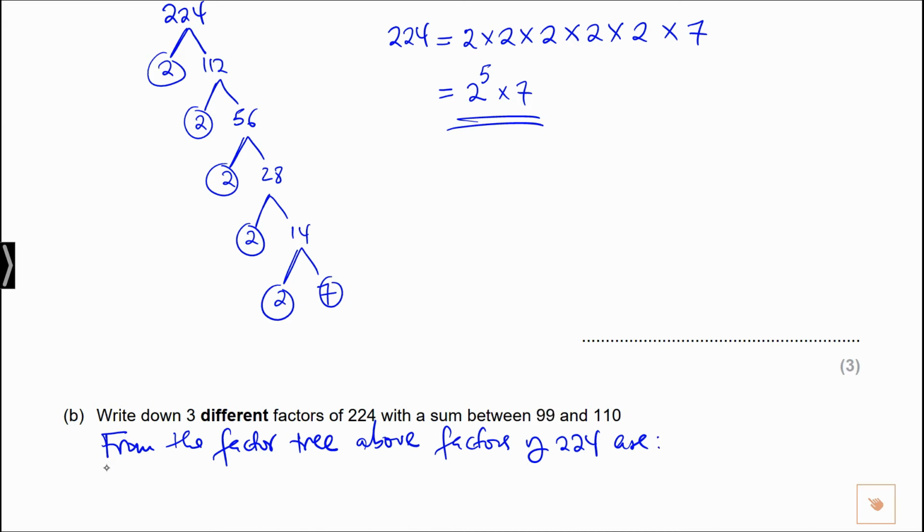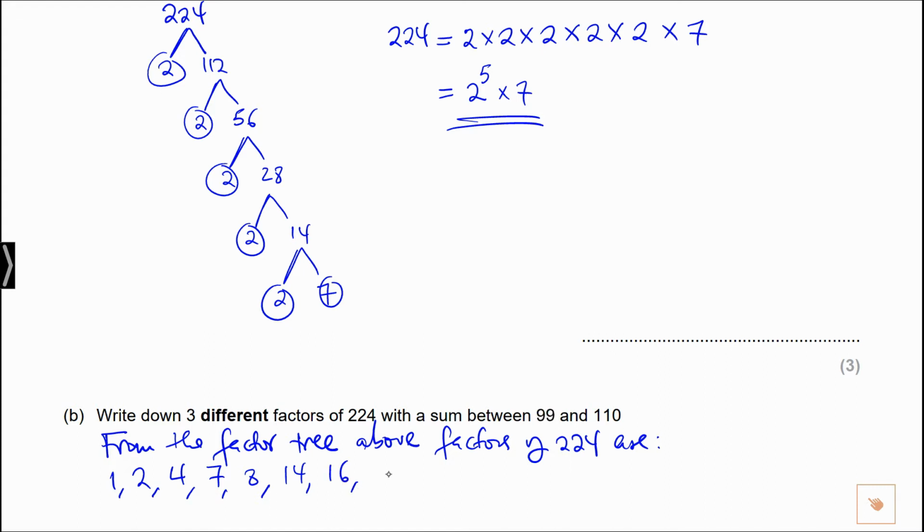well, we have 1, definitely it's a factor of any number. We have 2, of course, from the factor tree. 2 multiplied by 2 is 4. We have 7. 2 multiplied by 2 multiplied by 2 is 8. It's also a factor. 2 multiplied by 7 is 14. That's a factor. And then 2 to the power 4 is 16.